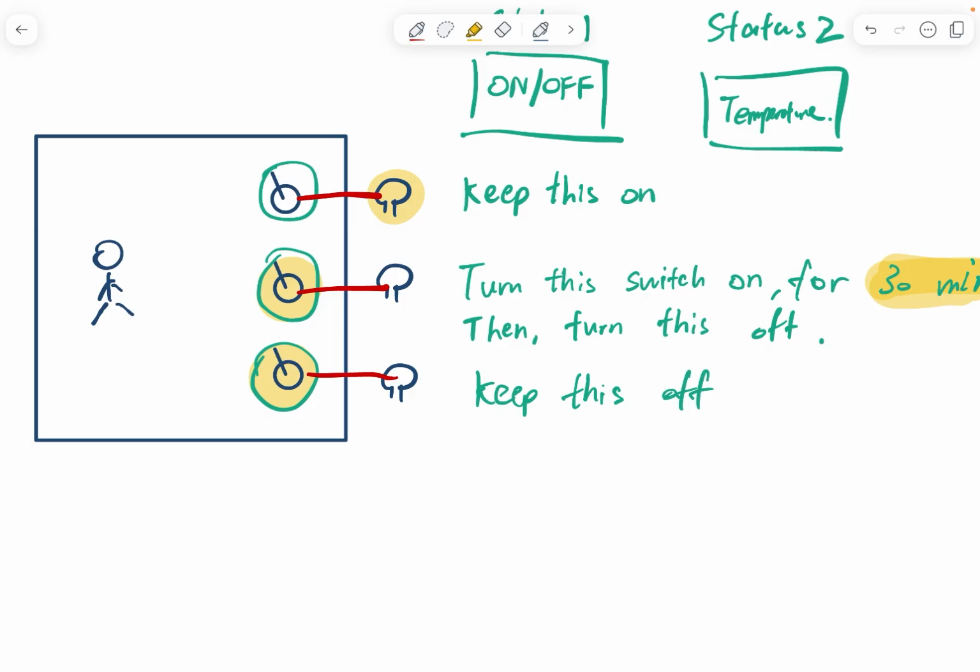So the key to the problem is you're not solving the problem directly by the first status, but you are exploring another status that can also be used to solve this problem.